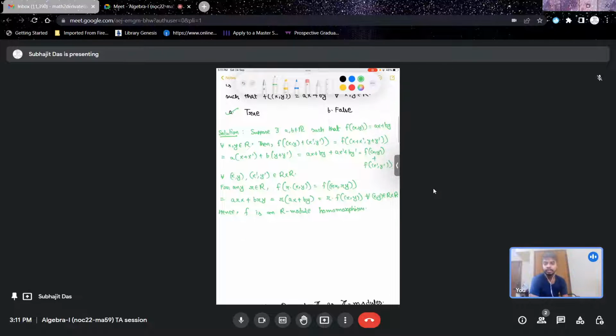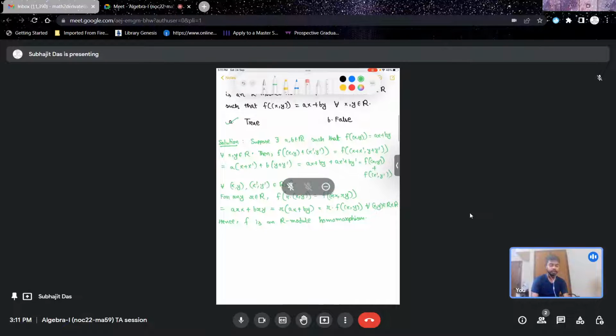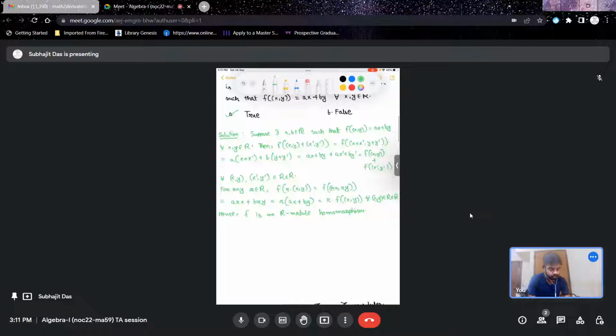So what about the converse direction? Suppose indeed that F is an R module homomorphism. So we need to figure out whether F looks like this or not. So conversely, assume that F is an R module homomorphism.